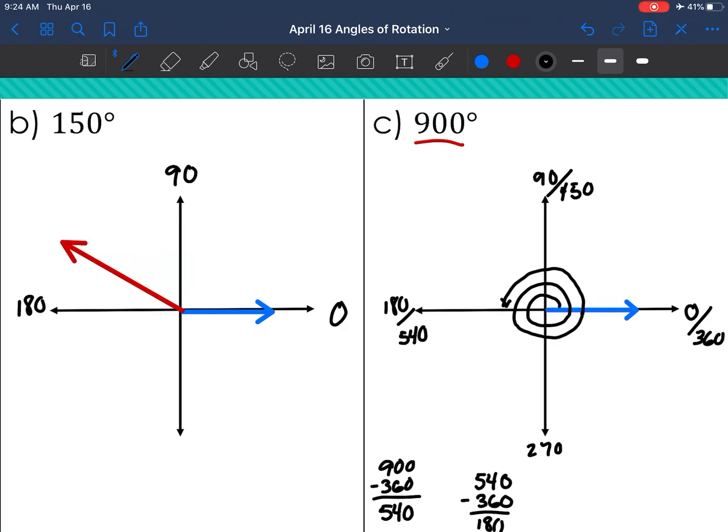So then you would go right here. So then this is where the terminal side would be. So you make 2 full rotations, that's 720 degrees, and then you still have some left over, so you draw whatever's left. So this is what a 900 degree angle looks like. It looks almost the same as a 180 degree angle.